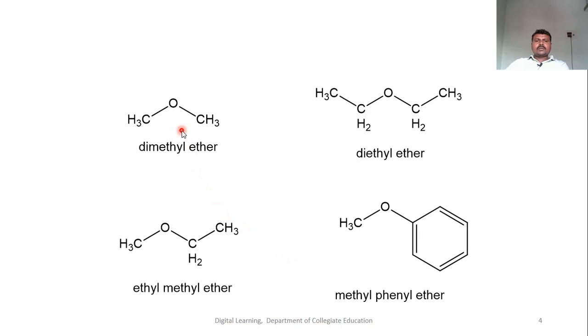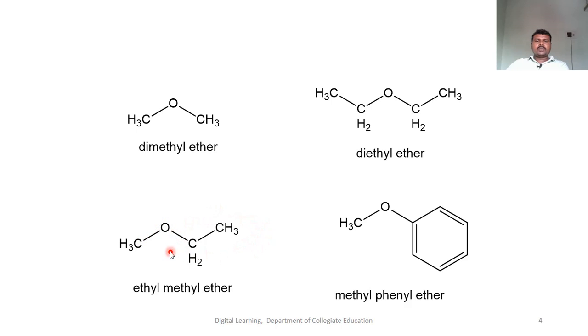These are the examples of simple and mixed ether. The oxygen atom is attached to two methyl groups, so this is dimethyl ether, a simple ether. In this example, the oxygen atom is attached to two ethyl groups, so this is also a simple ether. Here, in the third example, the oxygen atom is attached to a methyl group and an ethyl group.